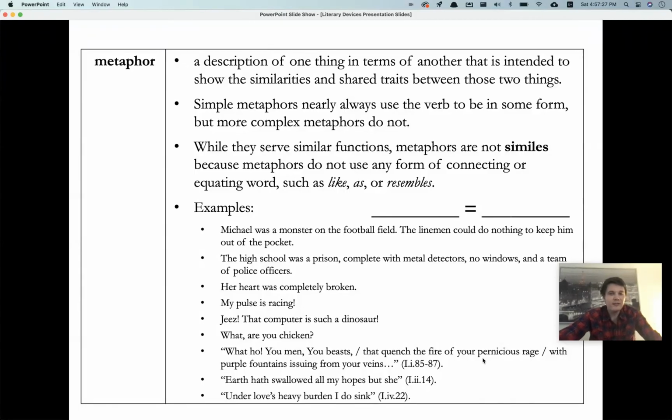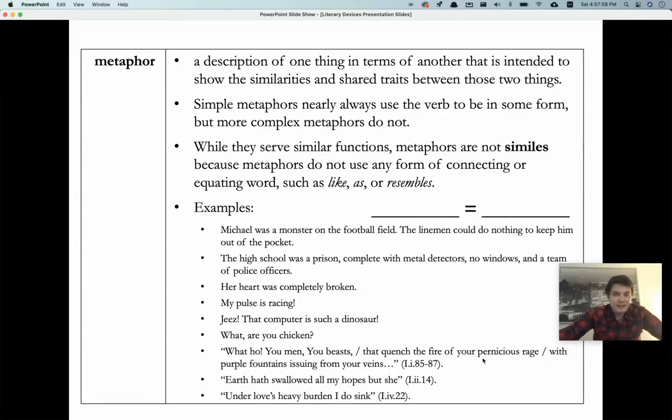Under love's heavy burden, I do sink. So we have this idea that love equals some heavy burden, like a big, super heavy backpack that weighs you down, or like a weight or an anvil on your back that's causing you to sink. And in this case, it's Romeo being dramatic and feeling depressed because of his relationship with love.